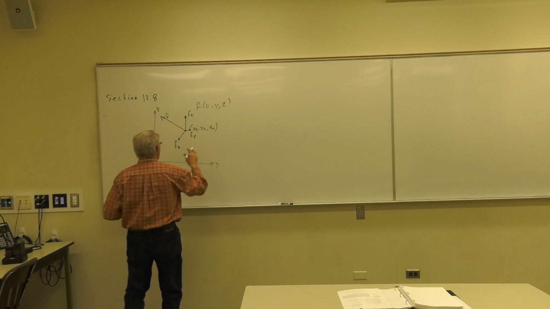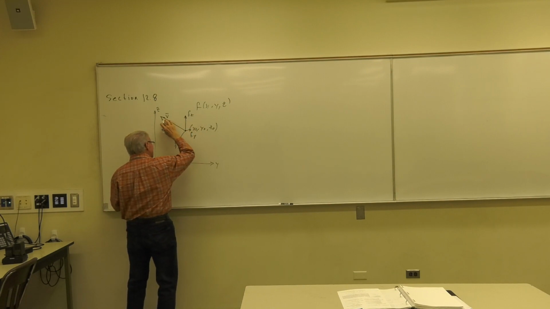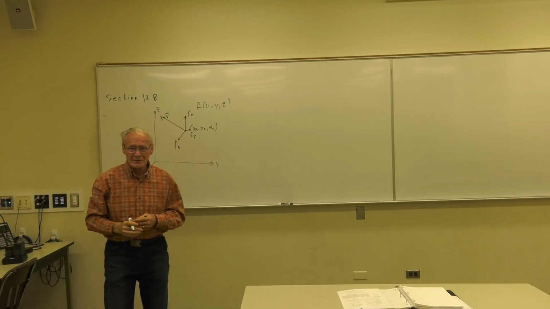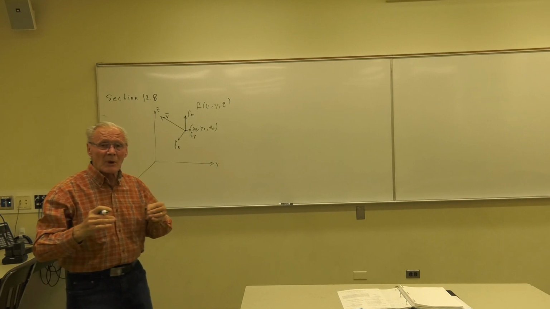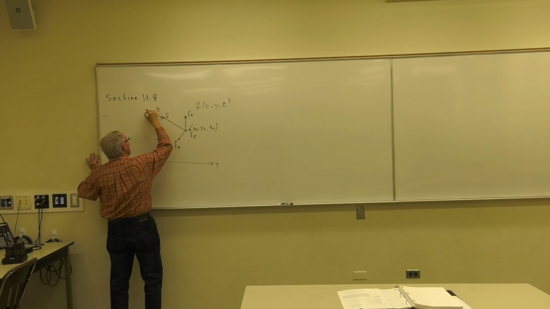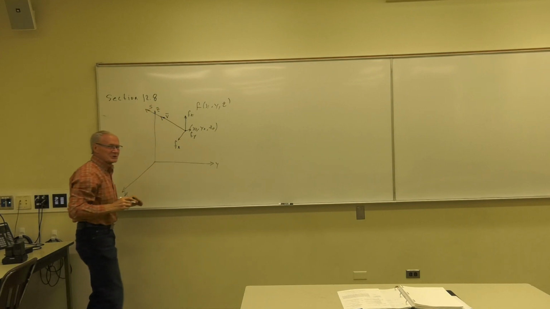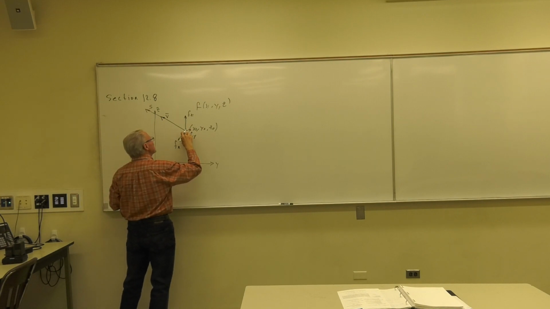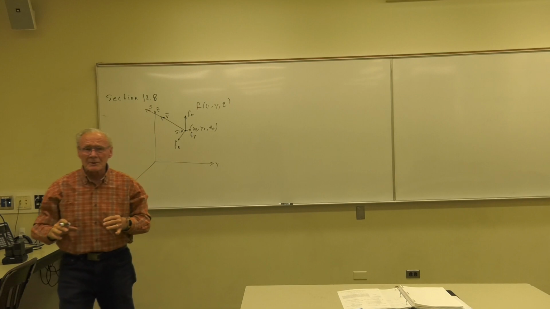Now we want to talk about rate of change of this function with respect to distance in that direction. So I've got to identify some way of talking about distance. Let there be here an axis called the s-axis. So s is a measure of distance from this point. Let's put s equal to 0 here, and s is distance along that vector v.